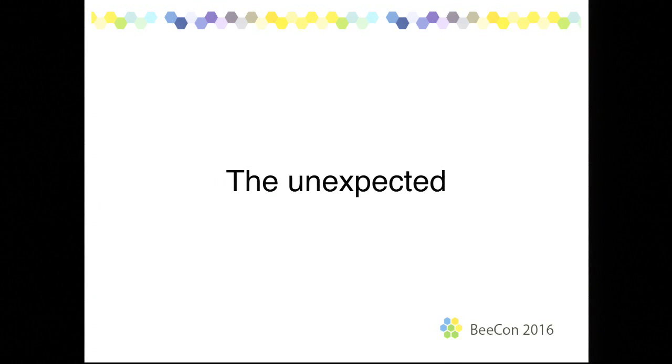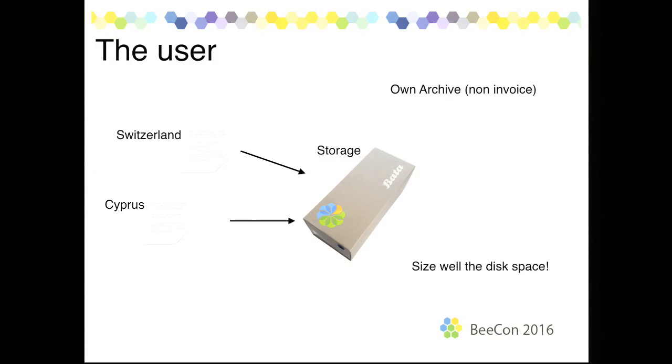So in August we went live. For the test with Switzerland. It was the first country, and we had things that were not, of course, expected. And this is the good expectation.